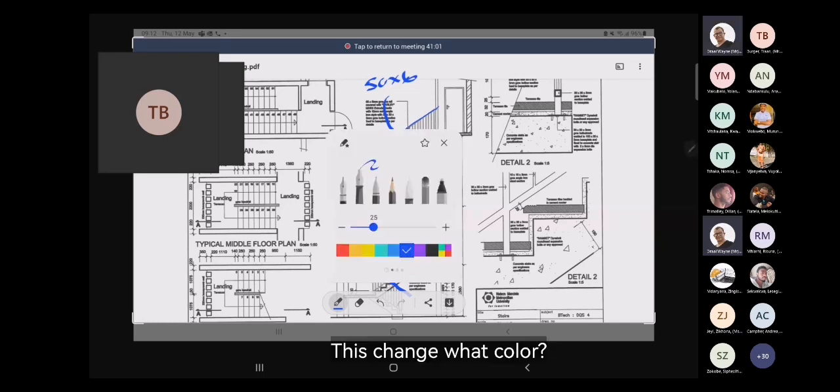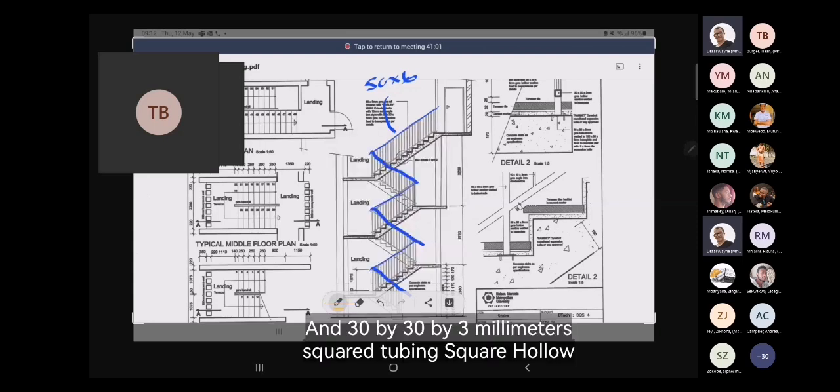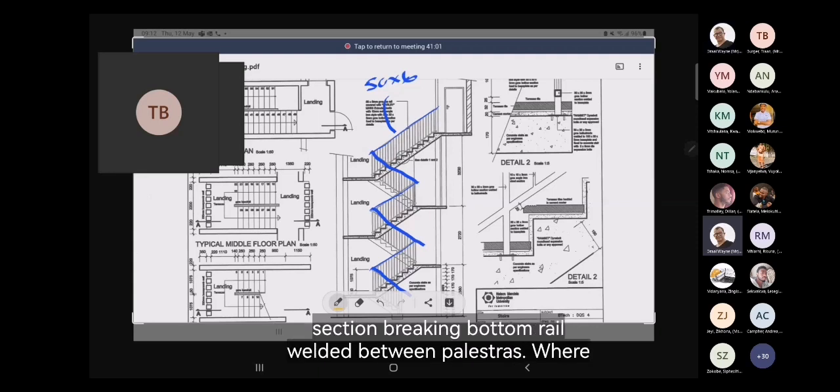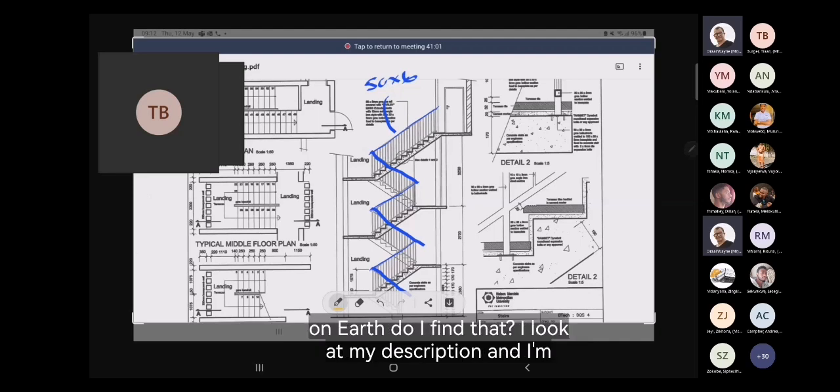Let's change color. And 30 by 30 by 3 millimeter square tubing, square hollow section raking bottom rail welded between balustrades.